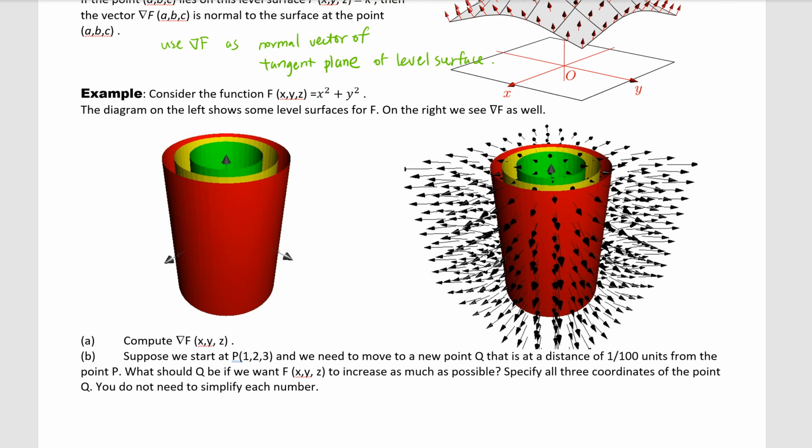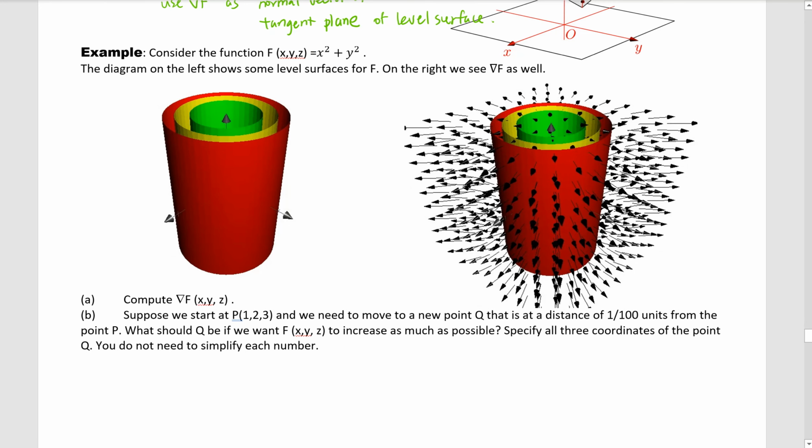Okay, part A, compute the gradient. That's the derivative with respect to x, which is 2x. Then the derivative with respect to y, which is 2y. There's no z, so the derivative with respect to z is 0.